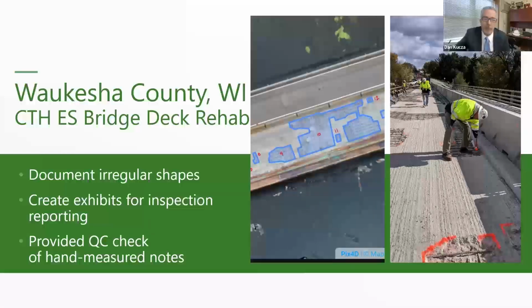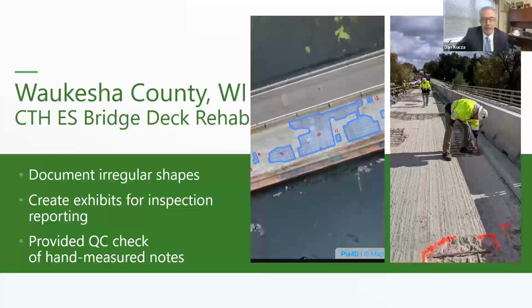Normally, a field inspector would have a field book and a tape. If you look at the shapes in the ortho photo on the left, they're pretty hard to replicate. As Barritt was saying earlier, they're nearly impossible to replicate.